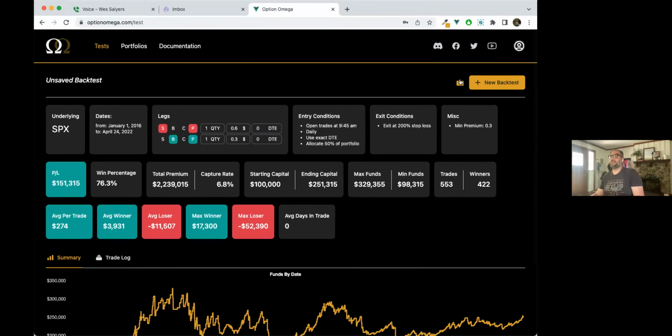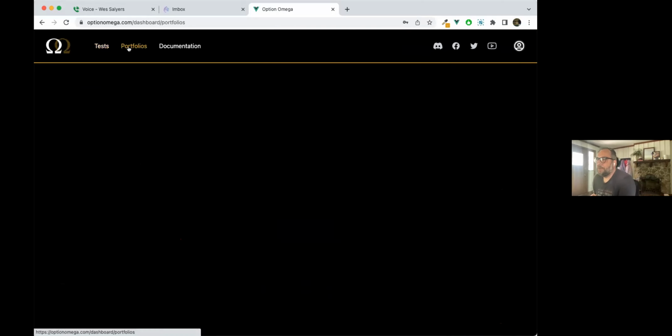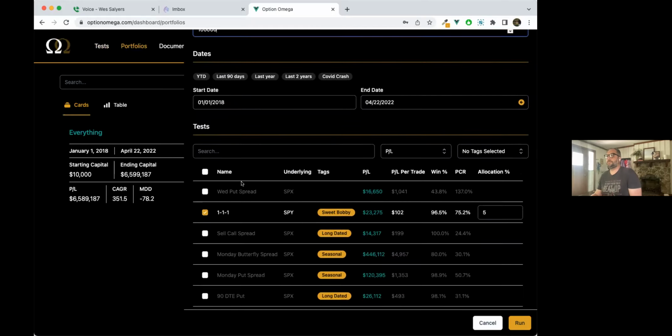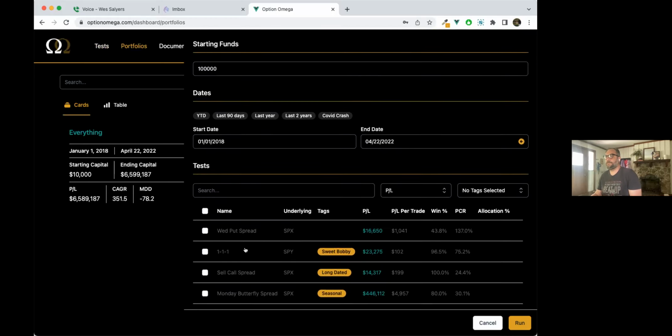Now, what's fun about that is you can actually run portfolios by themselves. So let's just call this 0 DTE. You can go back now into a portfolio and you could run that with the 0 DTE. When did we say?